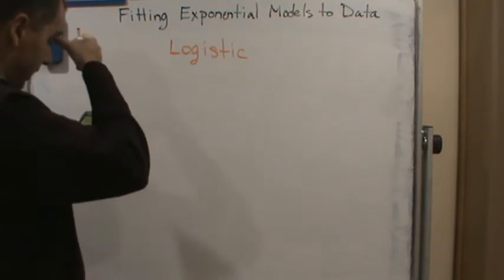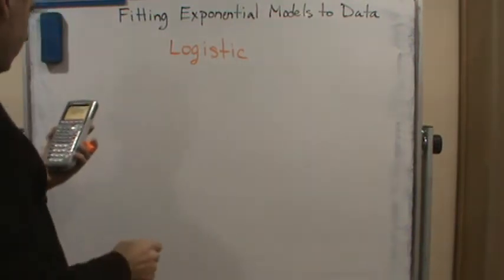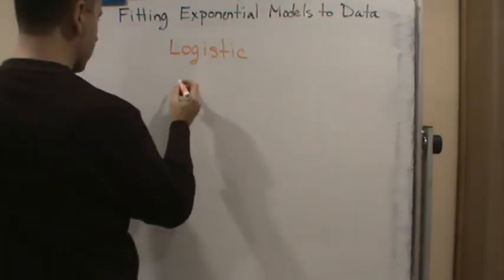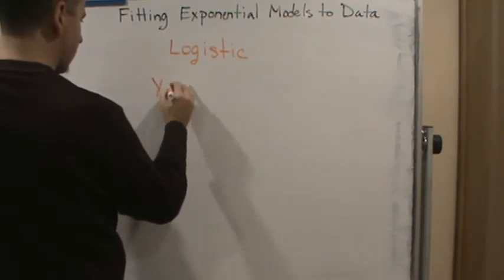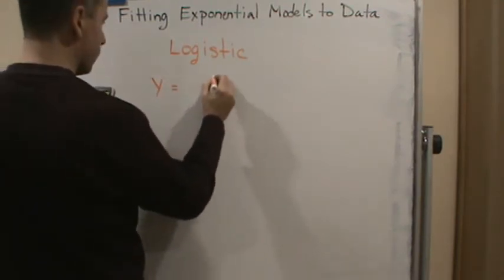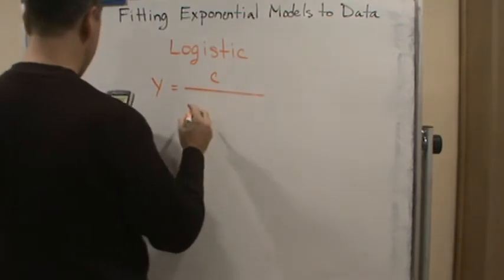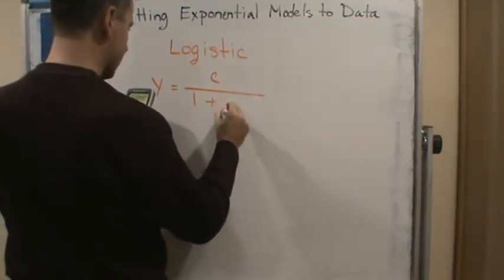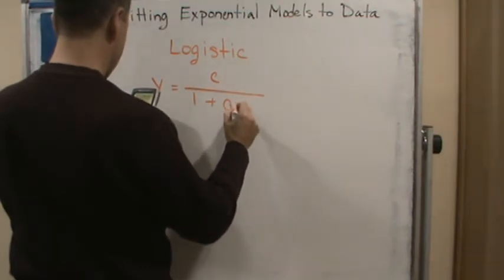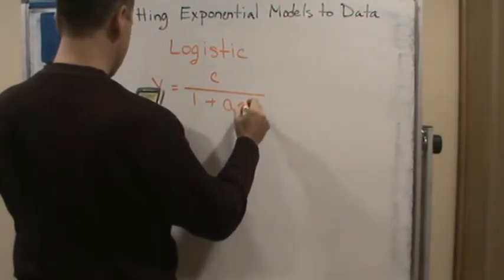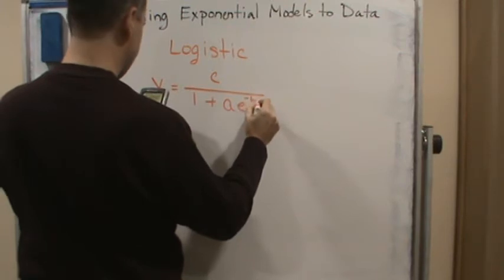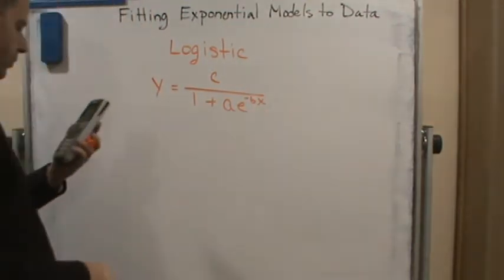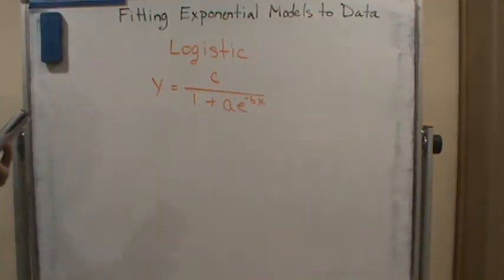It gives me my growth constant. It gives me my B coefficient. So this is what the calculator has given me: C divided by 1 plus A times e to the negative BX, which is exactly what we used before.